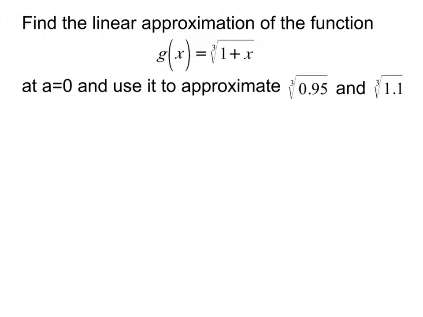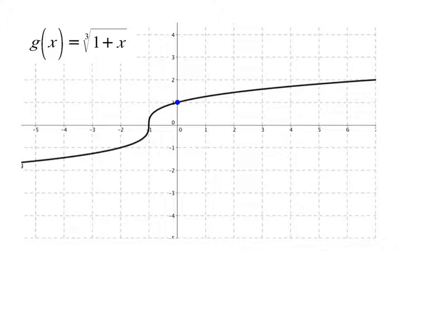Now, the whole idea behind this process goes back to what happens when we look at the graph. If I take a look at the graph here, this is the graph of my cube root equation. You notice it's been shifted left 1 because of the 1 that's inside the parentheses. And it's telling us that we're working with the point where a equals 0.